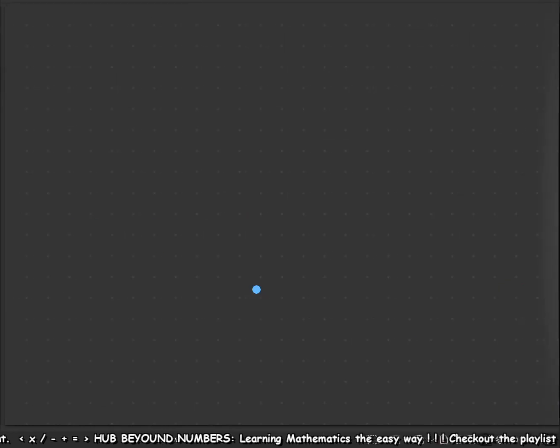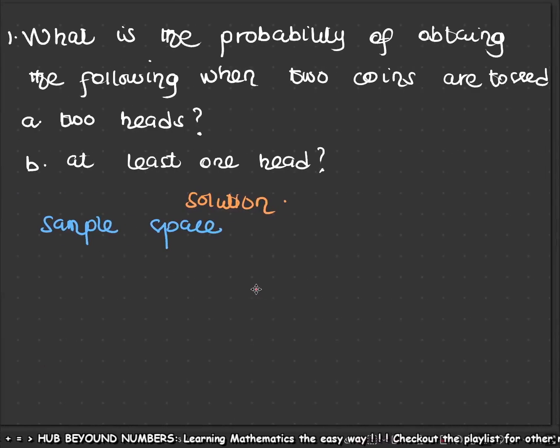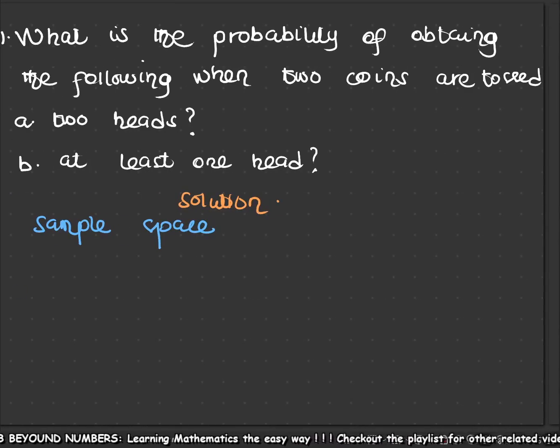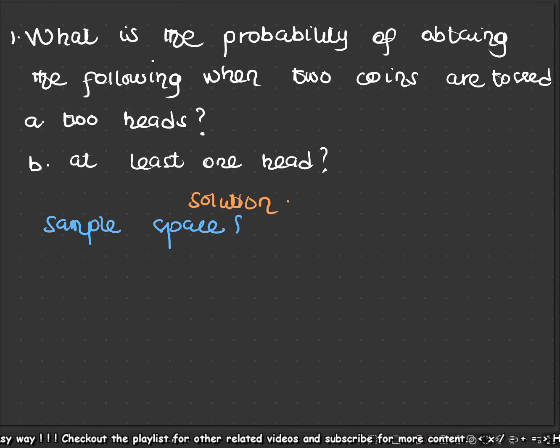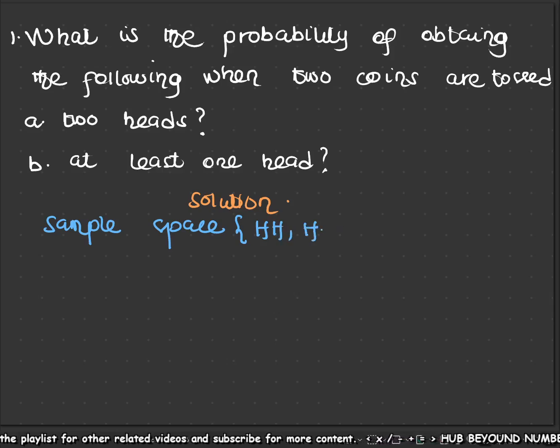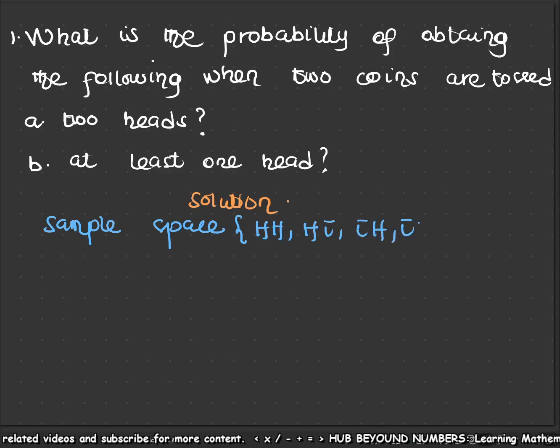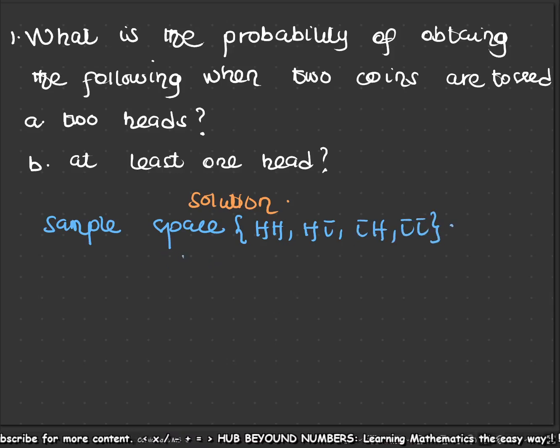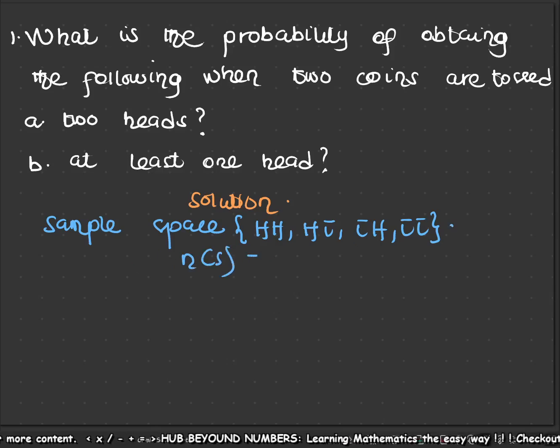Okay. So when we toss 2 coins, we are going to get a head and a head, a head and a tail, a tail and a head, and a tail and a tail. That simply means the number of elements we have in that set is 1, 2, 3, 4.